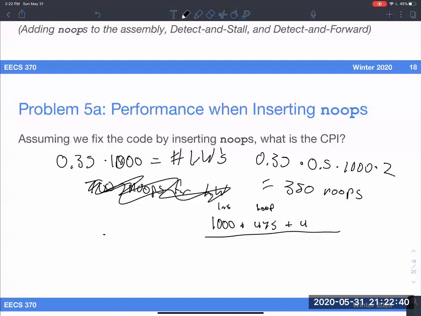And then we also have 1,475 instructions total to execute. So that means our CPI is 1.003. So this looks like a pretty good CPI. However, the one issue is about a third of the instructions we ran were no-ops. So low CPI does not imply high performance.